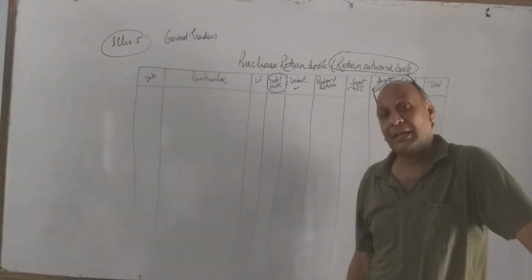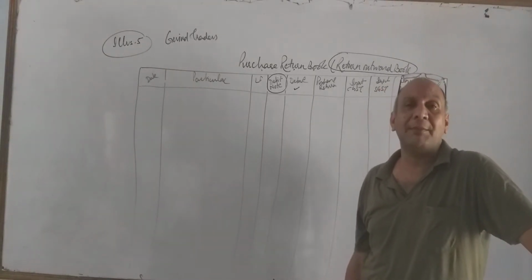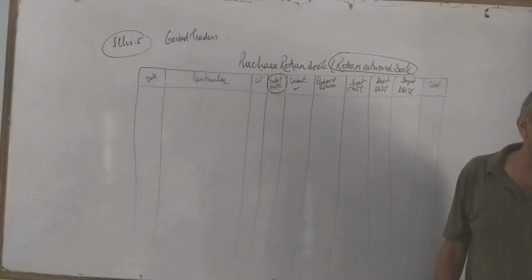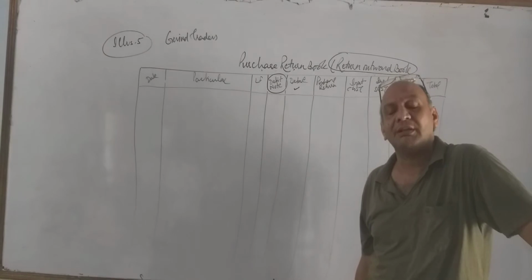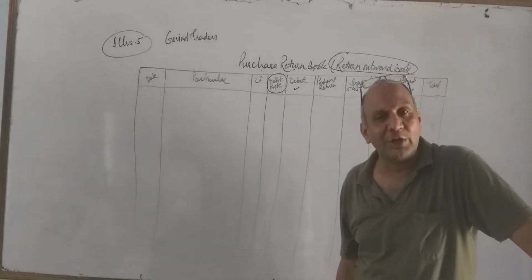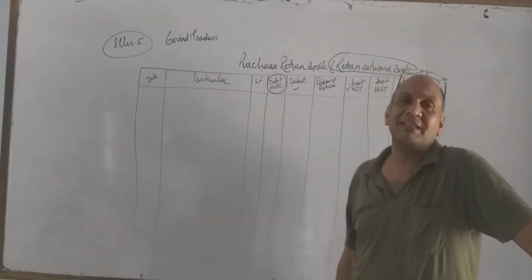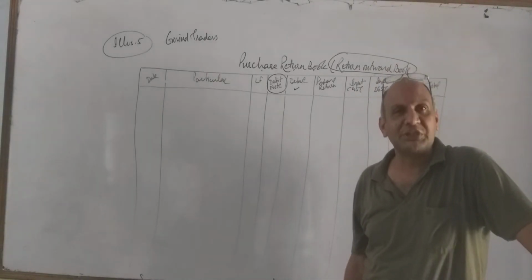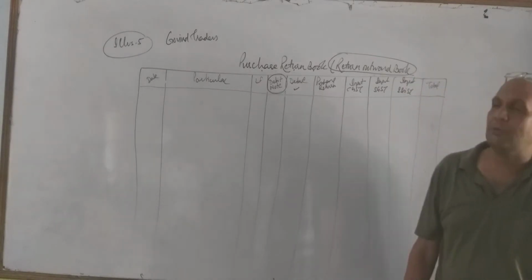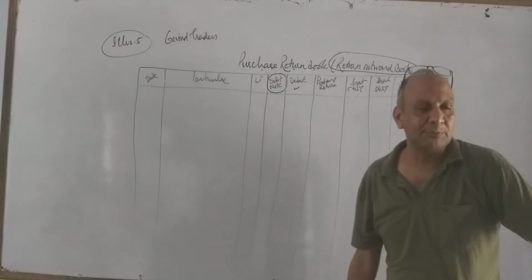Number three, when part of the goods gets damaged during transportation or transit, in that case also goods may be given back. And number four, when there is a mistake in the invoice bill given by the supplier, then in that case also the entry is to be passed through the purchase return book.